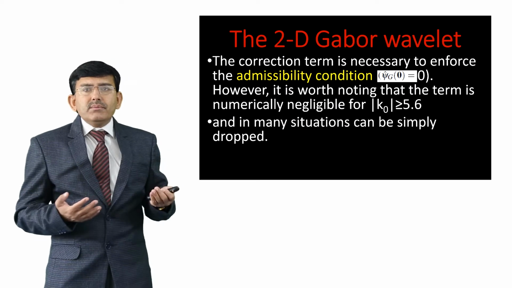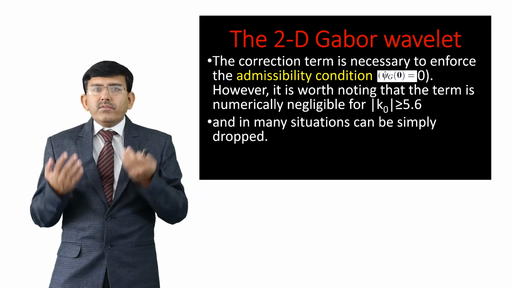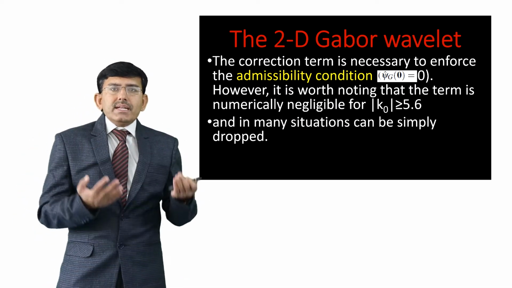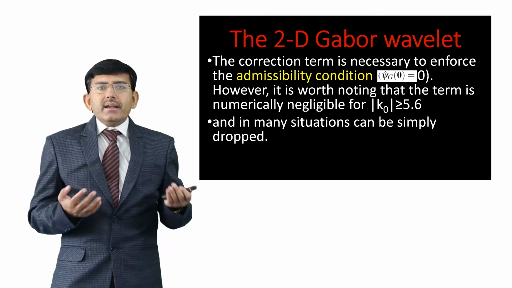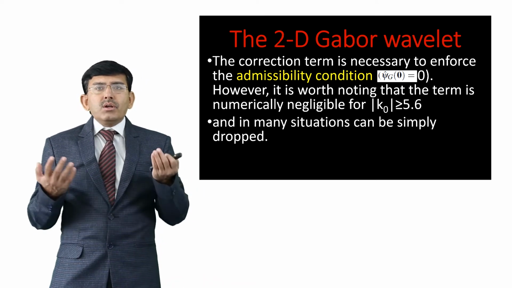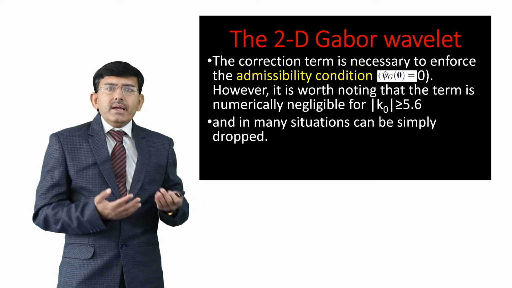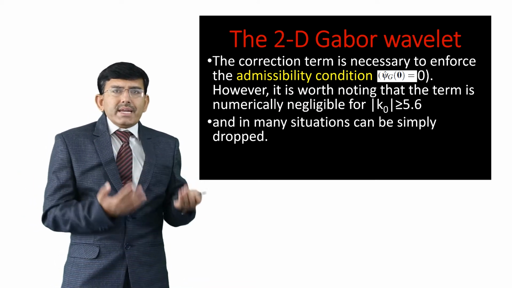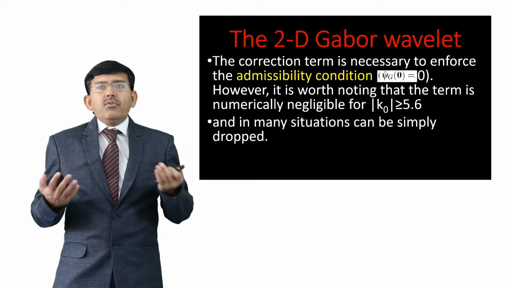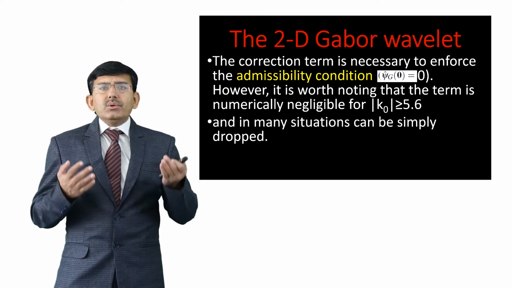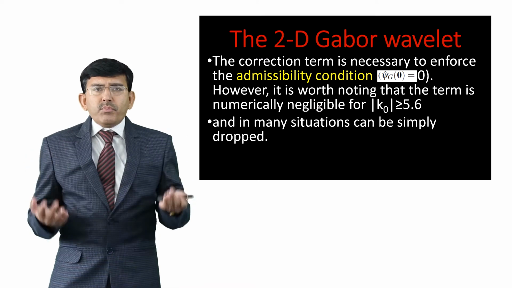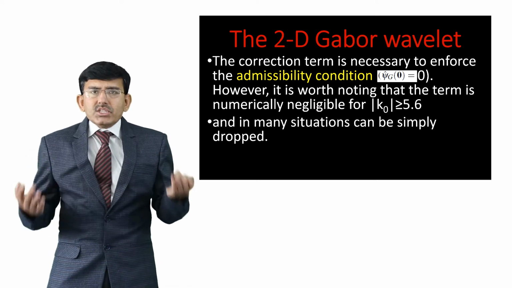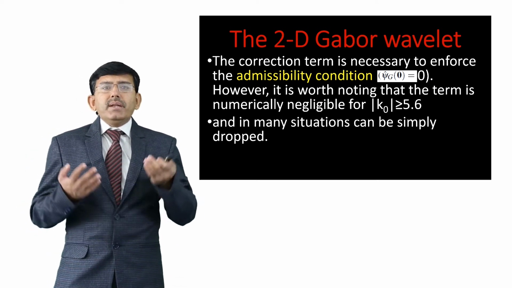The correction term is necessary to enforce the admissibility condition psi hat g of 0 equal to 0. However, it is worth noting that the term is numerically negligible for modulus of k0 greater than or equal to 5.6 and in many situations can be simply dropped.